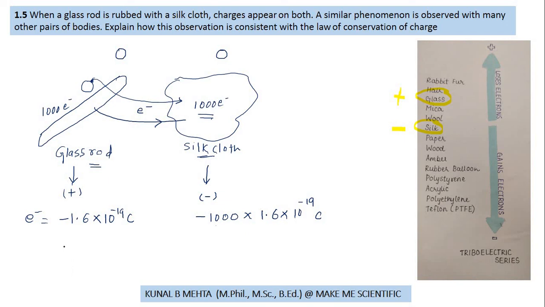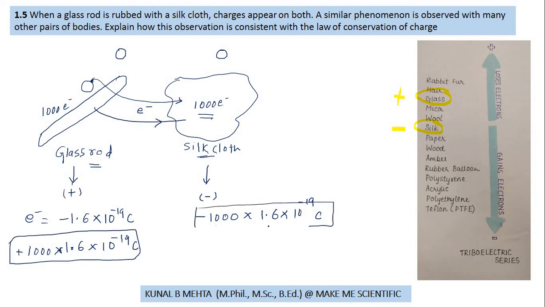And the glass rod will gain positive charge, and that will be 1.6 × 10^-19 multiplied by 1000. So if we add up the total charge after the rubbing process, again the total charge will be 0.